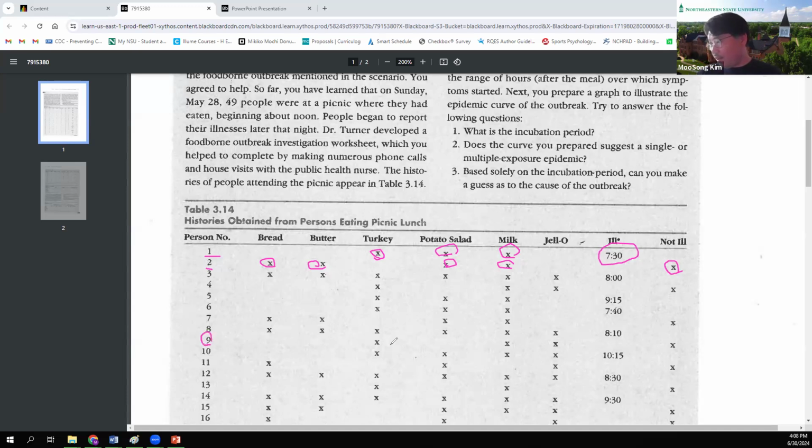This person ate turkey, milk, and yellow, and is not sick. So you know how to read this table now, right? Using this information, we need to calculate each food item's attack rate.